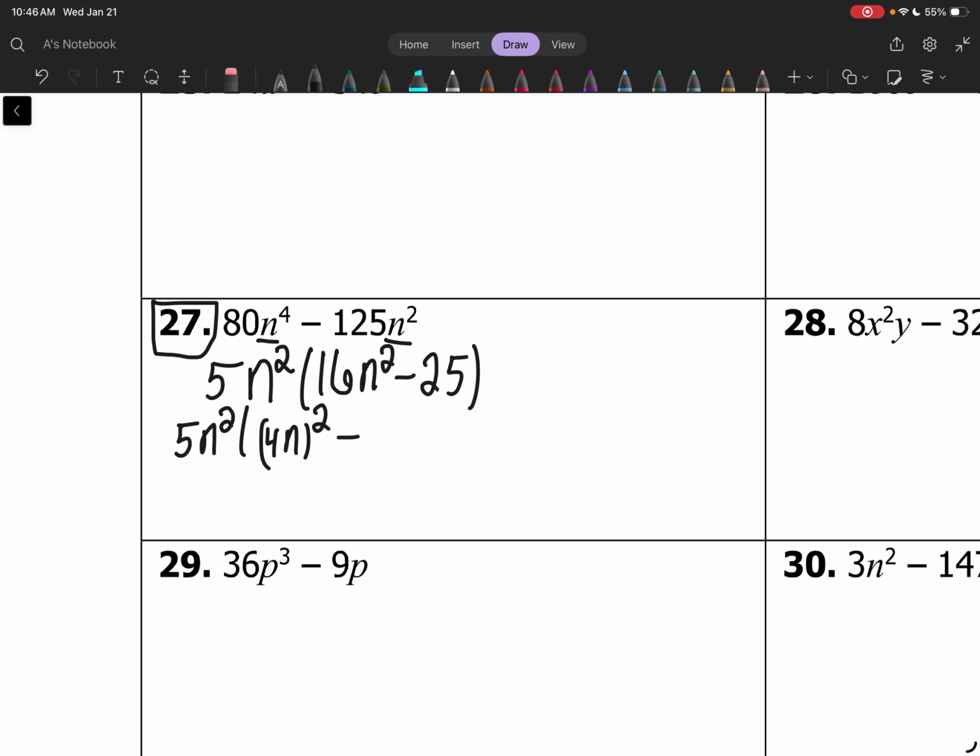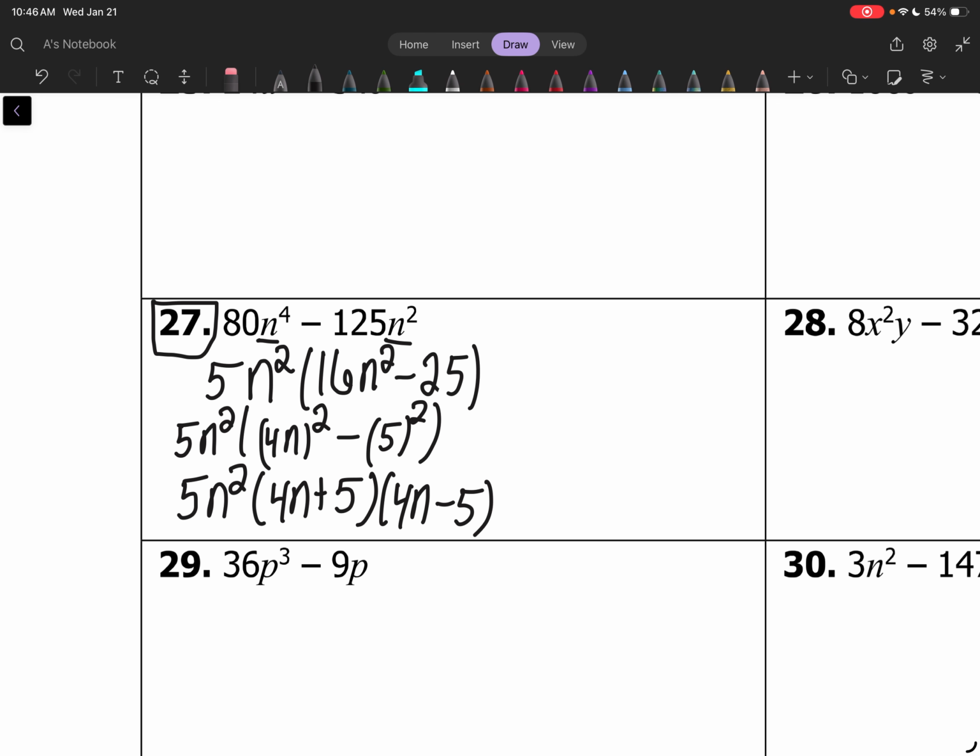The square root of 25 is 5. I'm just dropping the 5n squared down every time. 4n plus 5. 4n minus 5. And we're finished with that one.